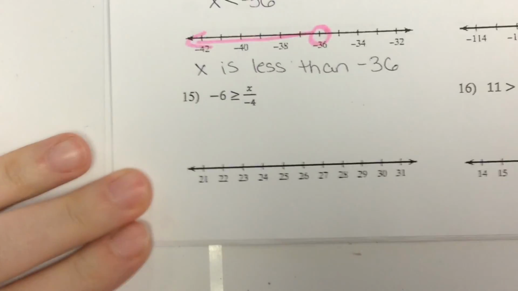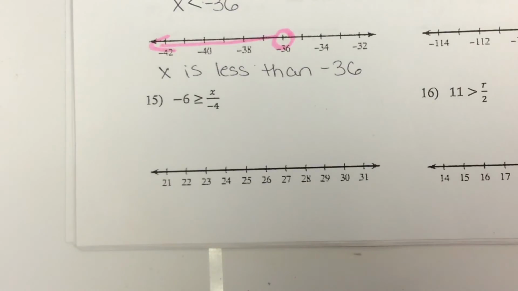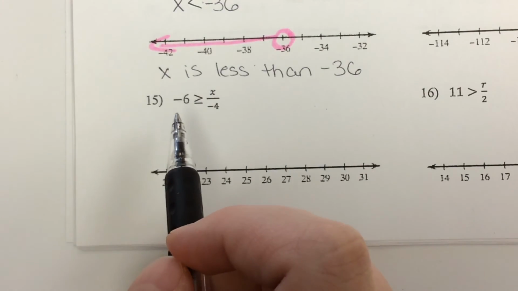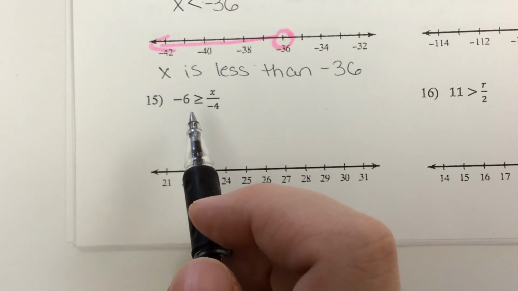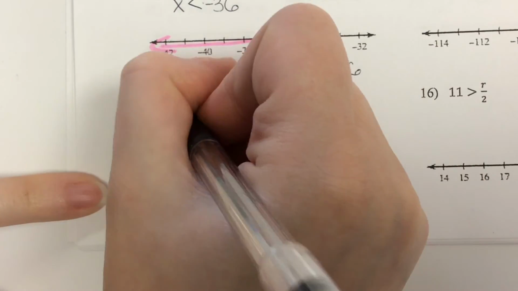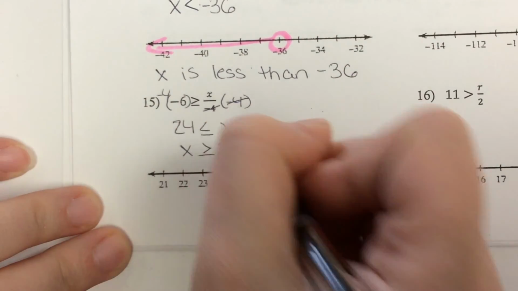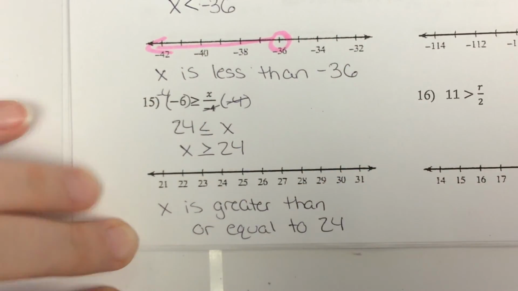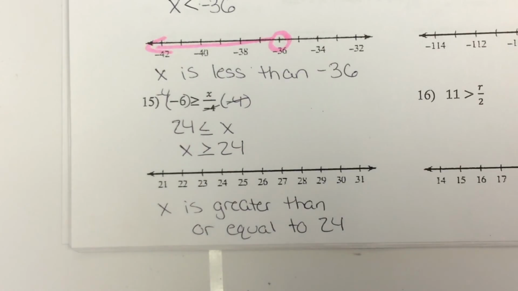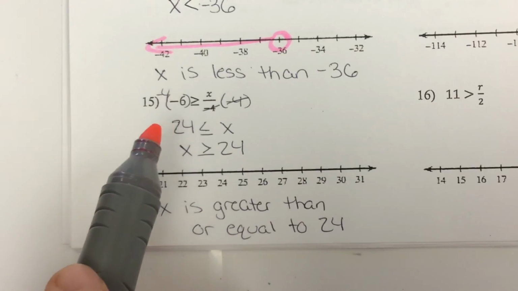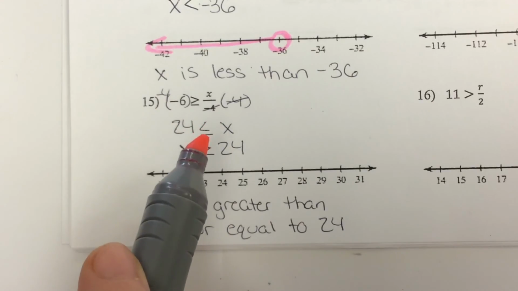And number 15, I want you to pause the video right now and try number 15 on your own. Resume when you think you've got it done, and we'll go over how to graph. X is greater than or equal to 24. When you solve, you get positive 24. Hopefully you remember to flip the sign.